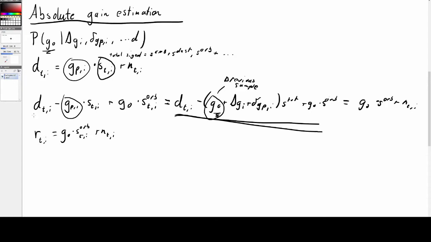So if we take our data and subtract these quantities and add this quantity, with these two being our previous sample of G naught, and this implicitly being the sample we want to draw, then we form this. So we are trading a bit of rigor here for the ability to use the orbital dipole to estimate G naught.